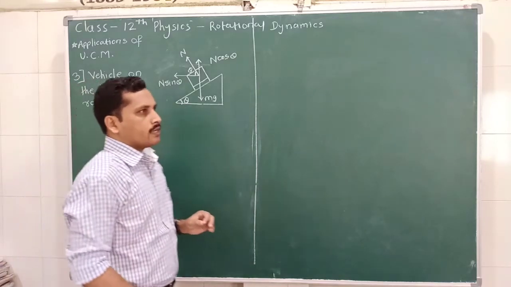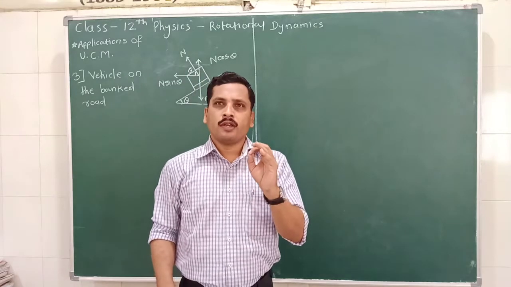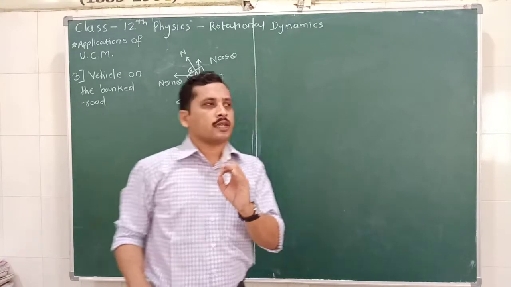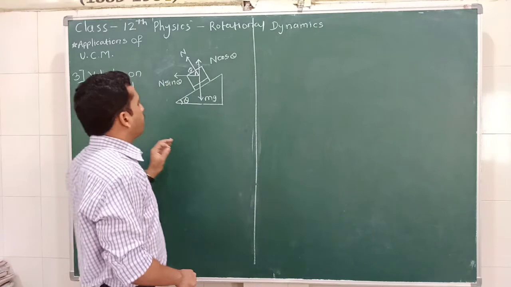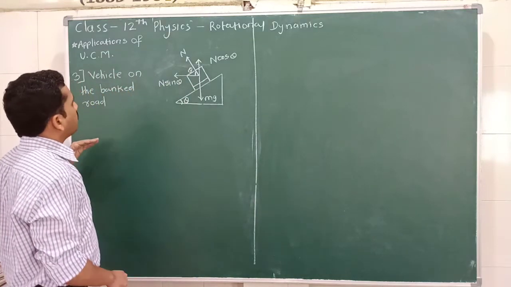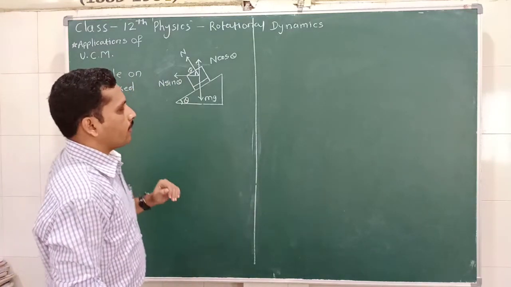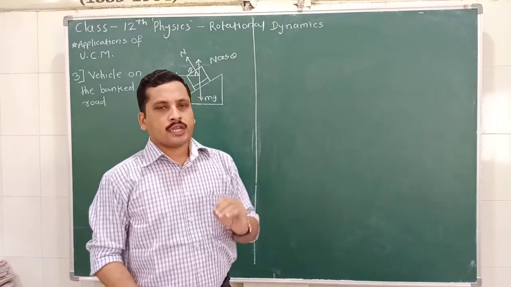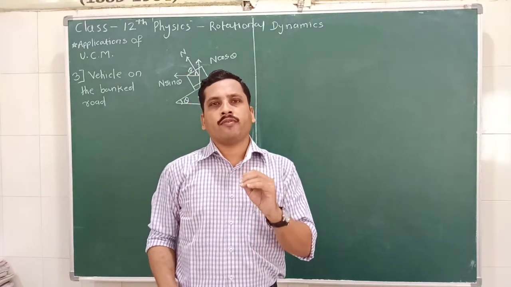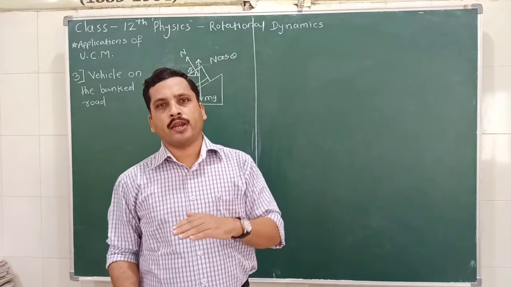But for that, we first discuss the case when a vehicle is traveling along a plain road. What happens on the plain road? Friction is the most important factor when a vehicle is traveling along a plain road.